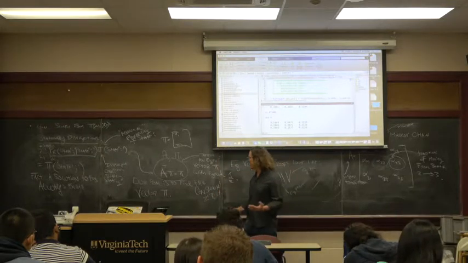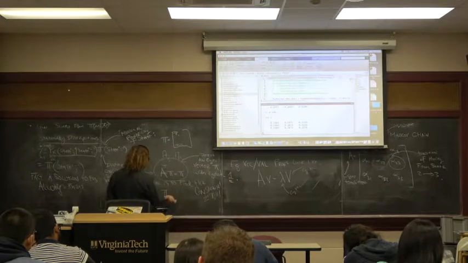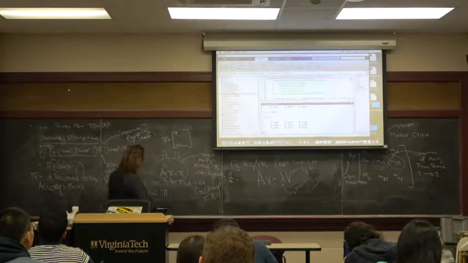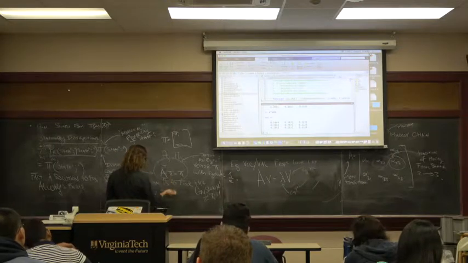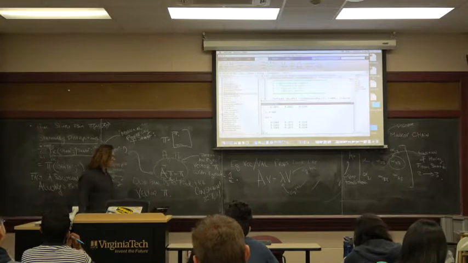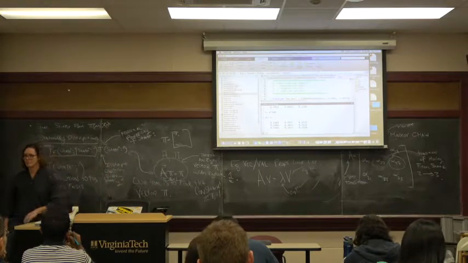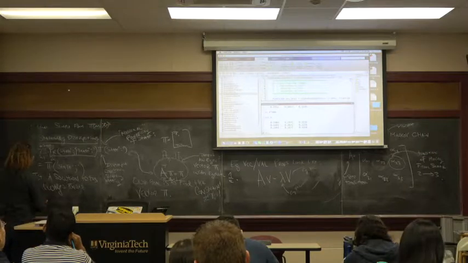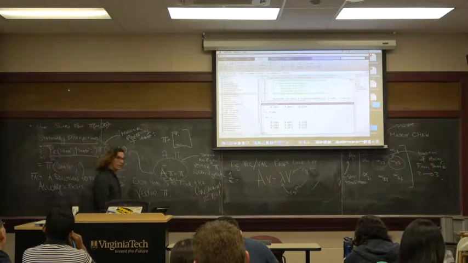You can write that a lot of different ways. Sometimes I might write that as pi transpose times the 1 vector is equal to 1, if you want to keep everything consistent. So I want to come up with a solution to this. And it's not hard to do.